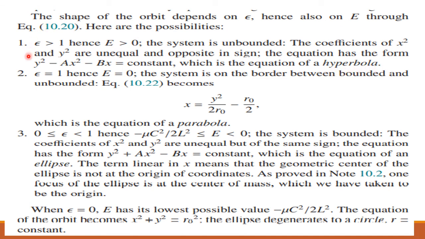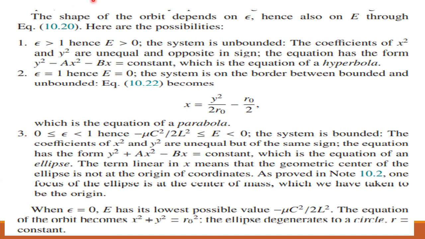The second case is when E is equal to 0, that means epsilon is equal to 1. Our equation reduces to the equation of a parabola, so the motion will be in the shape of a parabola.